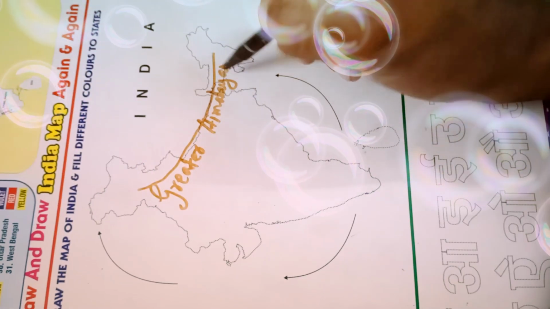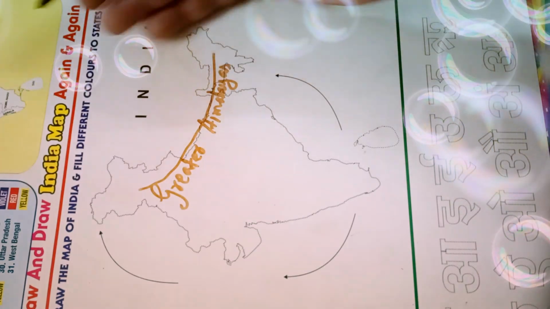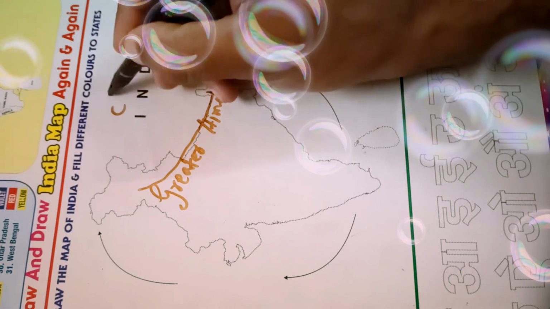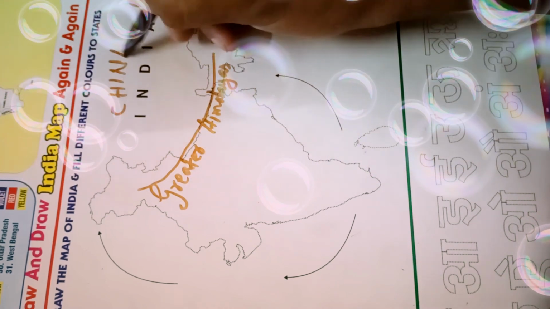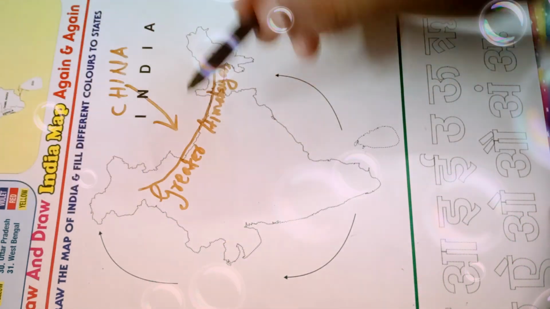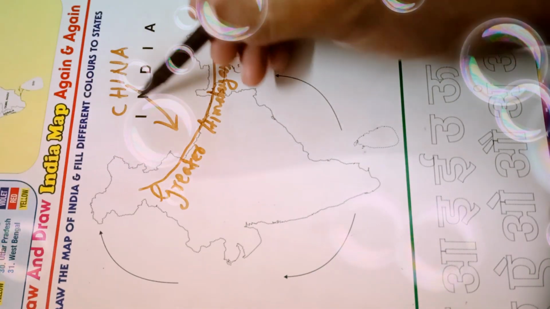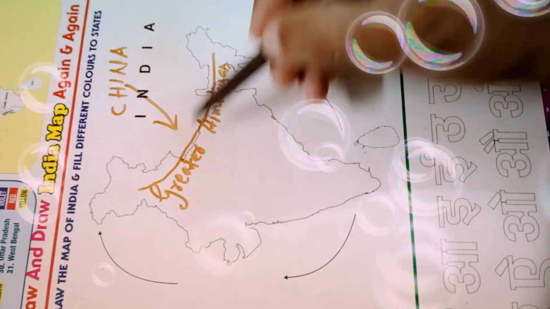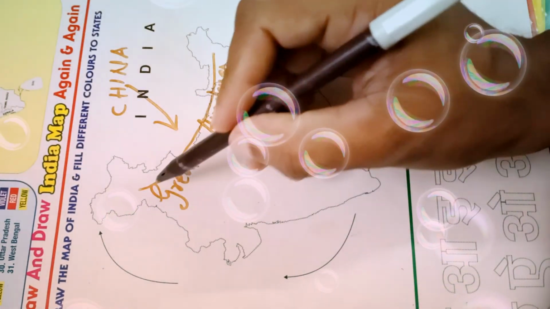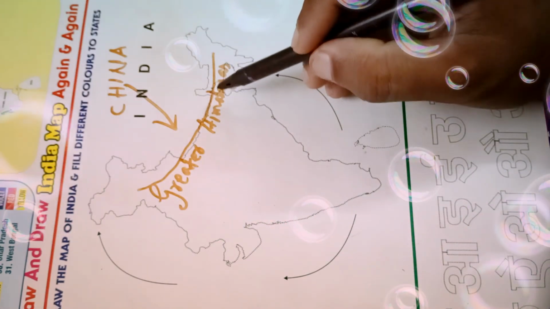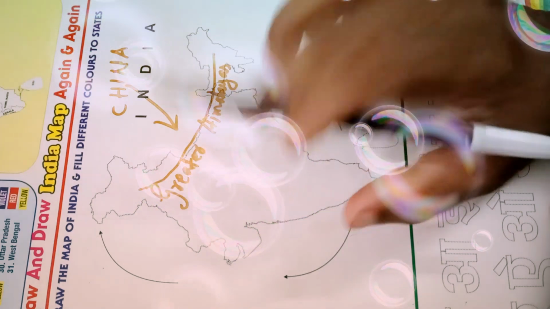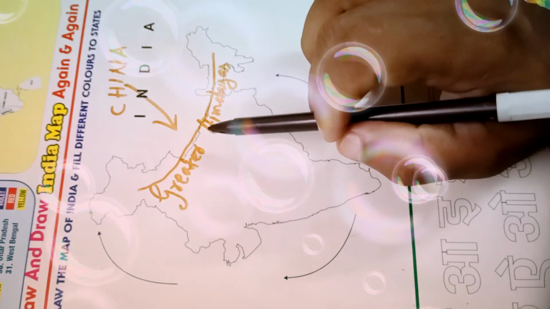The Himalayas act as a barrier to protect from the cold wind that blows towards India, from China. So it acts as a barrier. And many rivers originate from the Himalayas, for example Indus, Ganga and Brahmaputra.